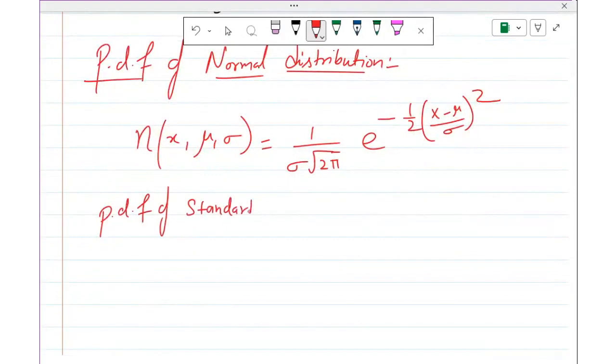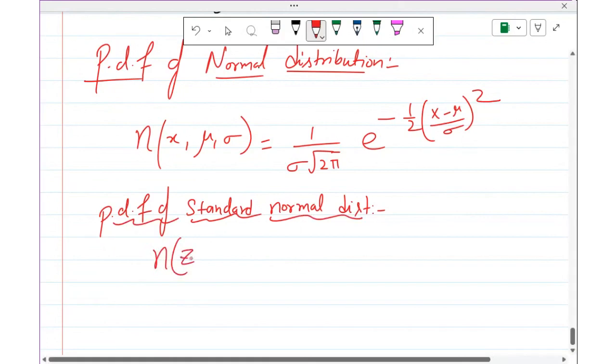And the probability distribution function of the standard normal distribution. Standard normal distribution means mean is 0 and sigma is 1. For standard normal distribution, we use z in place of x. In the MCQ this can be asked.